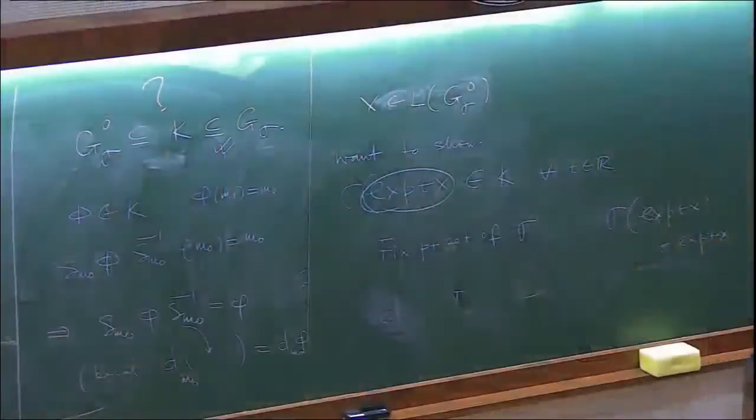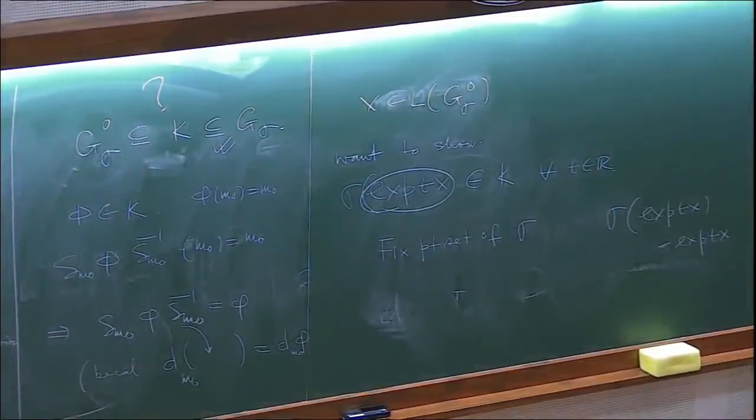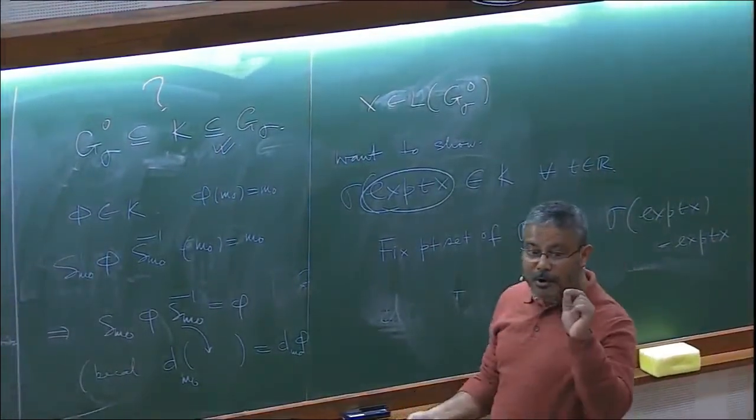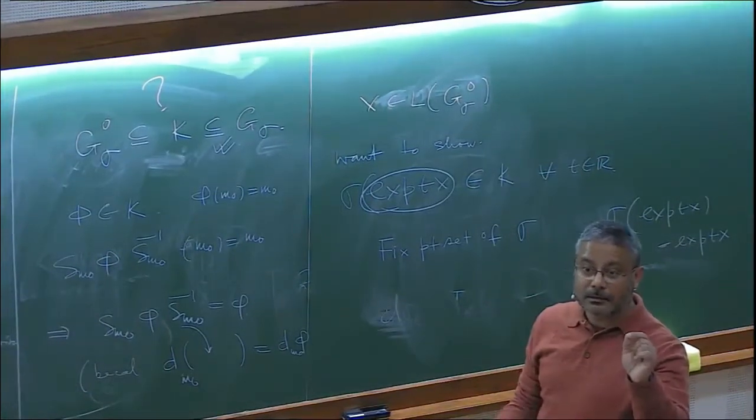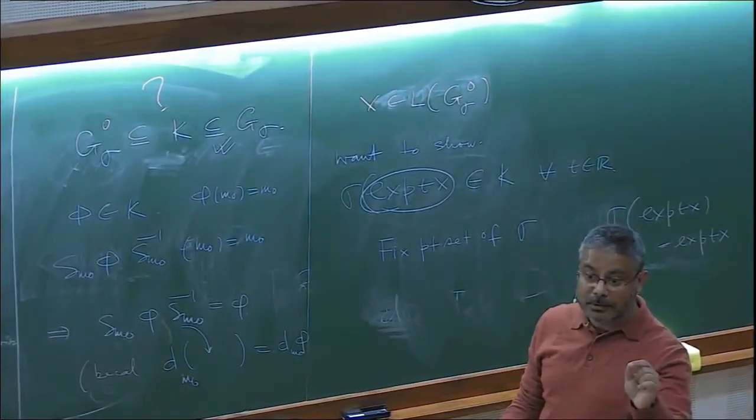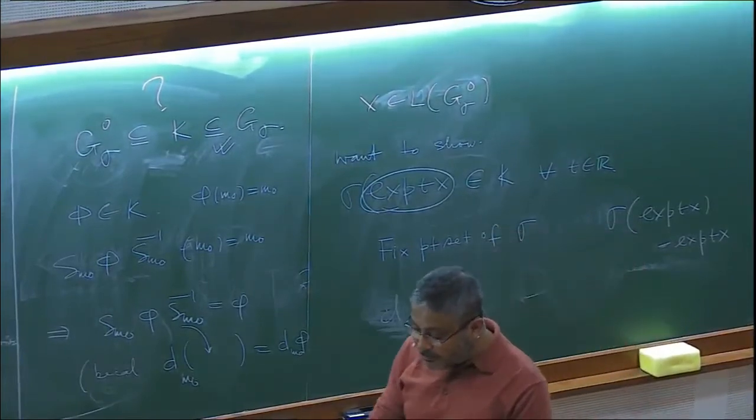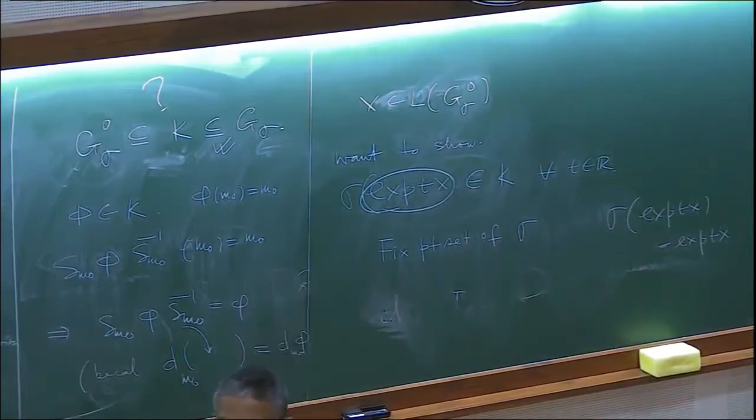So if I consider the fixed point set of SM naught, this one parameter family of isometries keeps the fixed point set invariant, right? Because it is commuting. But the point is that M naught is an isolated fixed point of SM naught. So I have a connected one parameter family of isometries acting on a set, and that set has an isolated point. What does it mean? That means this whole one parameter family of isometries fixes that point, because M naught is an isolated point.